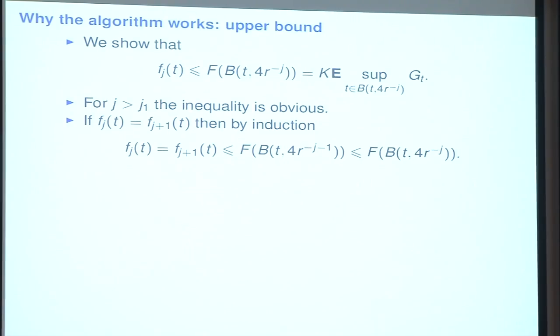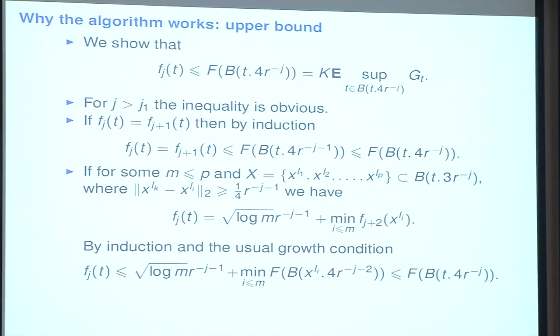If we have this inequality, we also have the inequality with a larger diameter. And in the second case, when we have to use the definition, we have to consider points ordered from our well-separated net in the ball of diameter 3R^{-j}.